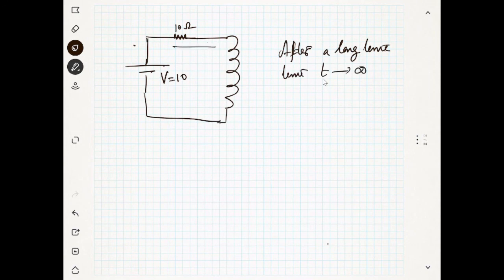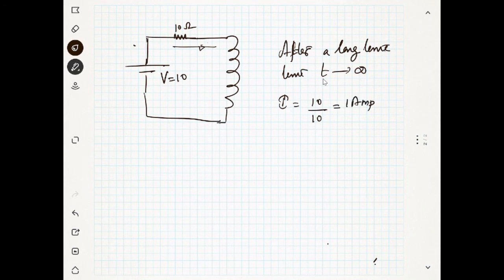what will be the current? The inductor will act as a wire, and the current will be equal to 10 by 10, which is equal to 1 ampere, right?